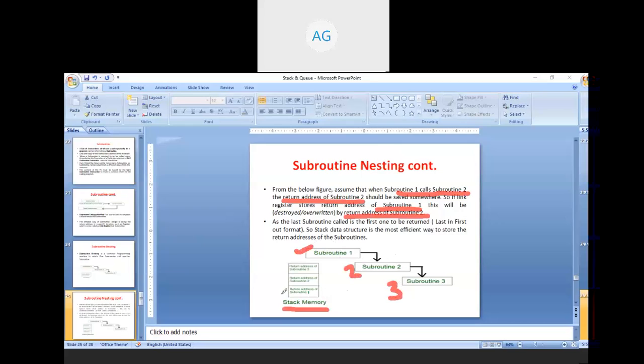So in the stack memory the return address of subroutine 1 is present, after that the return address of subroutine 2, and finally the return address of subroutine 3, in reverse order, because the stack follows the last in first out property. So lastly comes subroutine 3, but its address is at the top of the stack memory, as we already discussed for the stack data structure. So this is the concept of subroutine nesting.